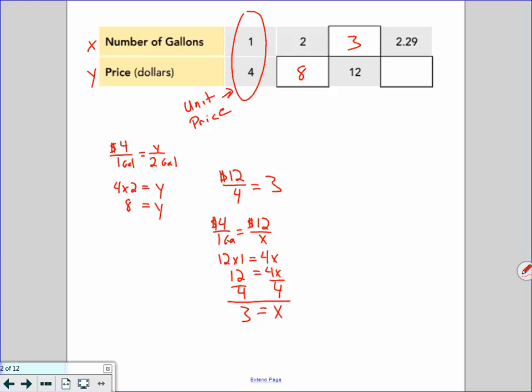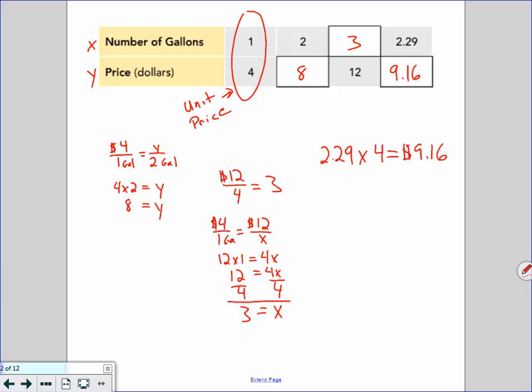Now for the 2.29 gallons, if I know the gallons, I'm just going to take the number of gallons times my unit price, which is 4, and that's going to come out to $9.16.